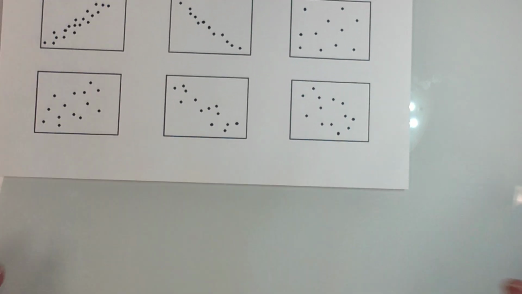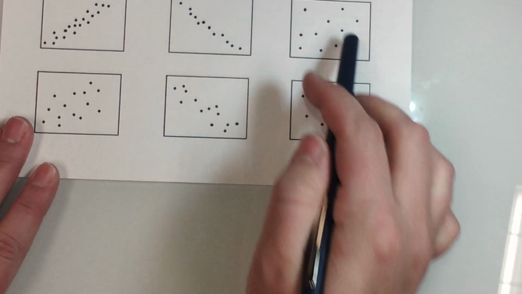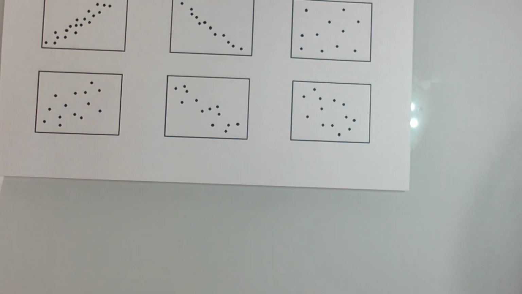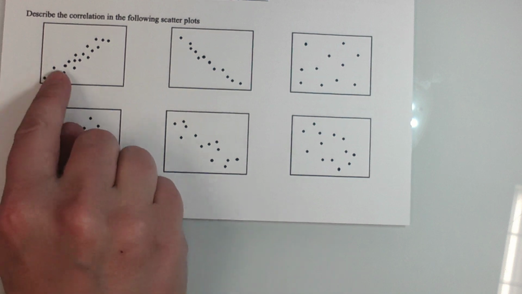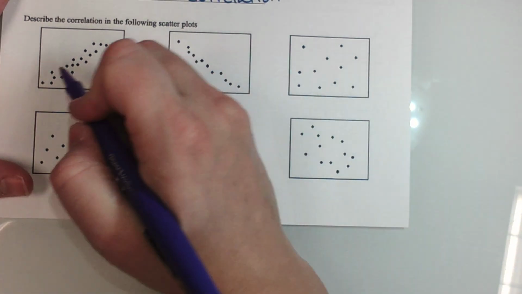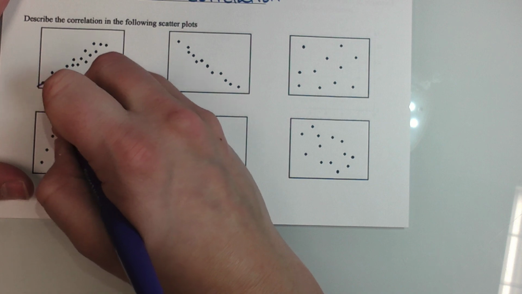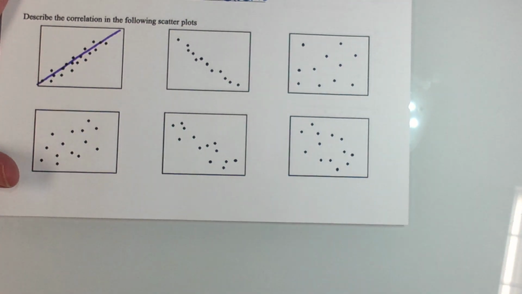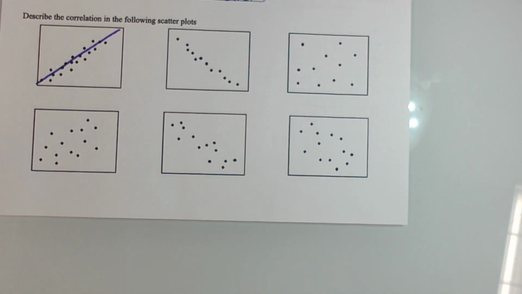So, when it comes to our scatter plots, these are examples of what scatter plots look like, and you can tell what the correlation is going to be based on them. This one right here, it looks like the data is almost going in a linear line in the positive direction.